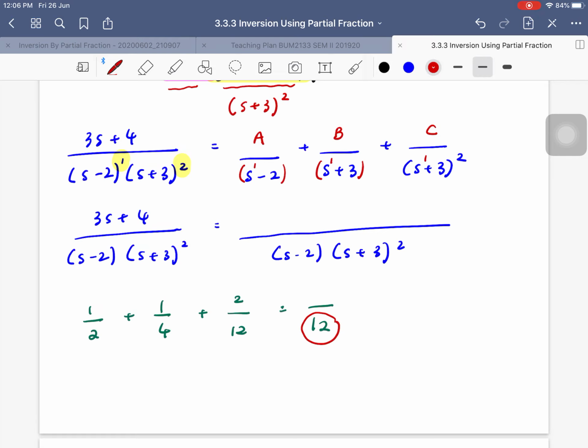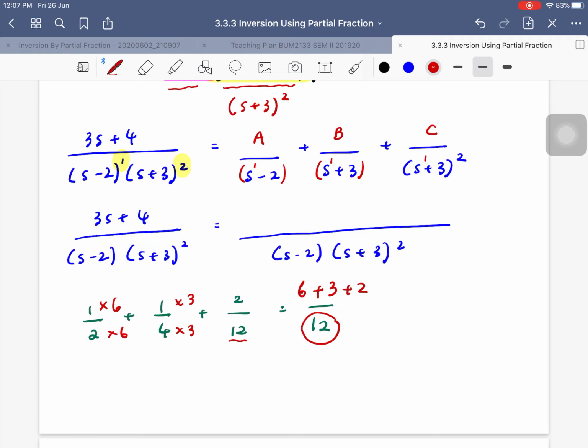For the first one, I multiply the top and bottom by 6, so that is 1 multiplied by 6, which gives 6. Plus for the middle fraction, I have to multiply top and bottom by 3, so that's 6 plus 3. And the last one, because it's already over 12, is simply plus 2.